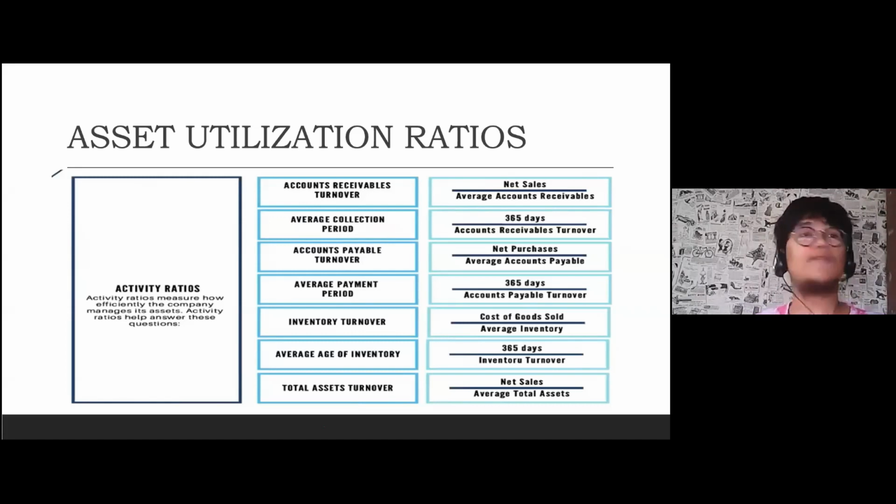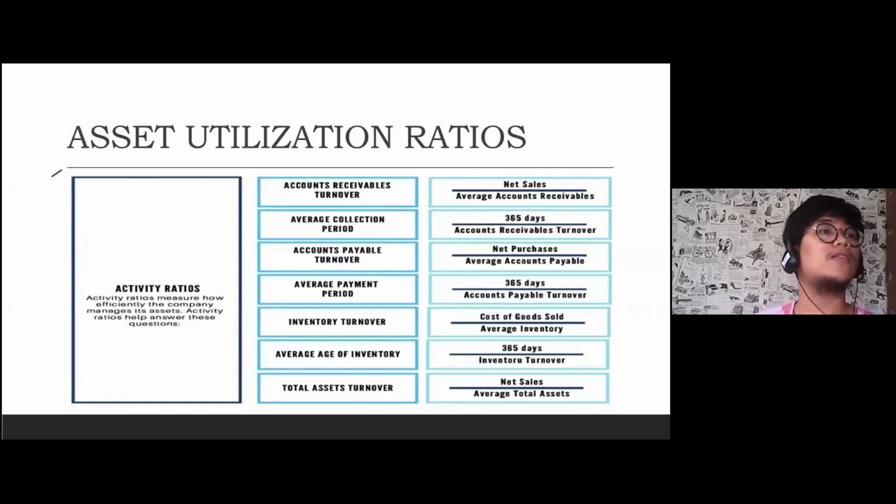Now, whenever we calculate the average age of inventory, can we already say that the company's AAI is good? No, it always depends. The answer is always, it depends. It depends on what? Kung natatandaan ng mga students ko, it depends on what?